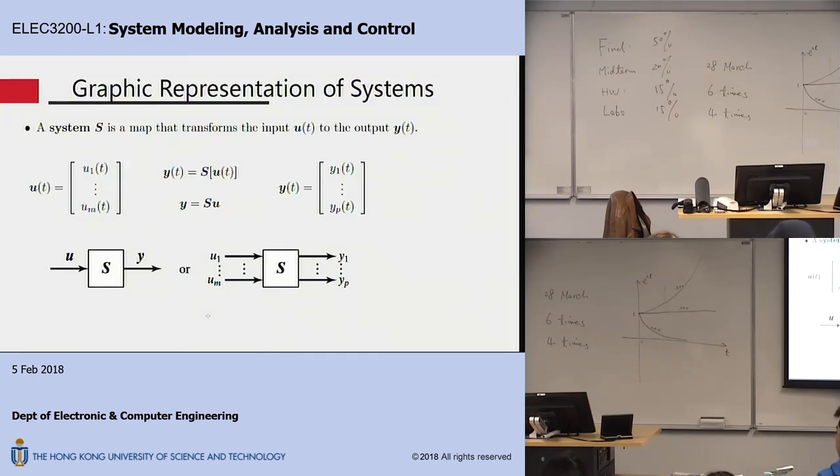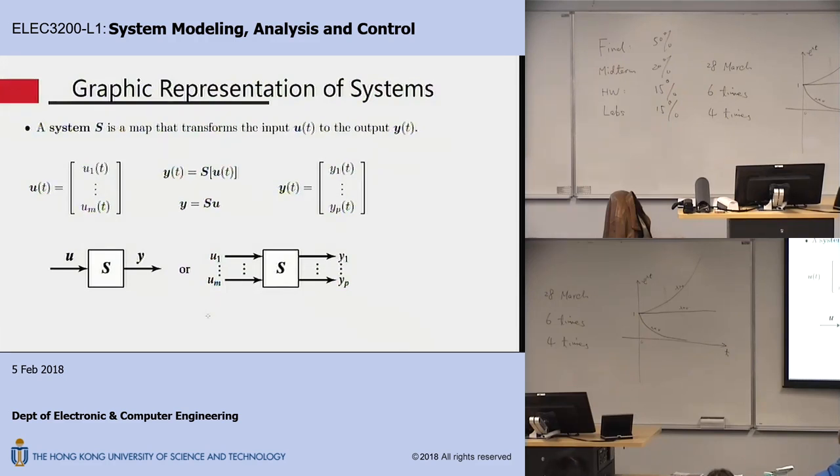Notice that this system takes a whole signal as input, more than just a value. It doesn't take just 5, but it takes a sinusoidal signal into the system and generates, say, an exponential signal. It doesn't generate a number like 10.